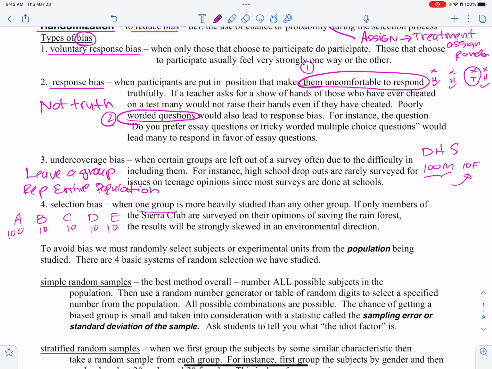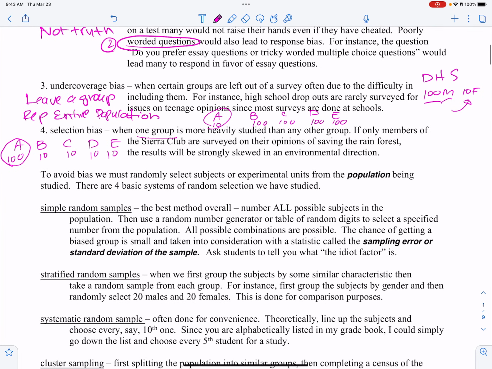This would be selection bias, because I've got more of this particular one. Versus undercoverage, if I had 10 of race A and 100 of E. Now race A is less represented. So this is clearly undercoverage and this is selection, whereas the male-female one could be either. To avoid bias, you're going to randomly select your subjects.